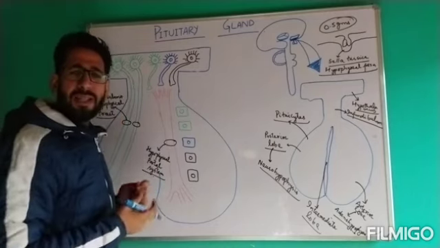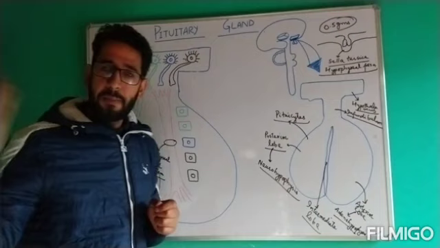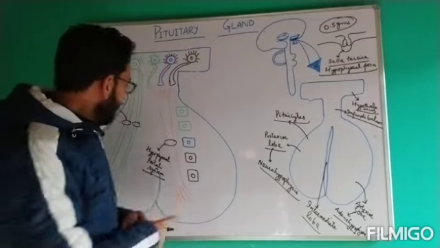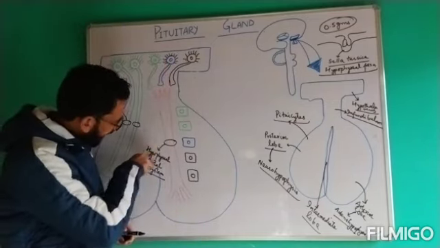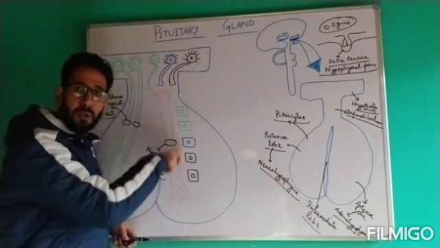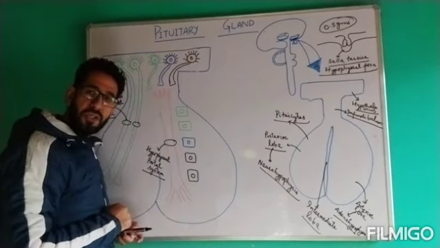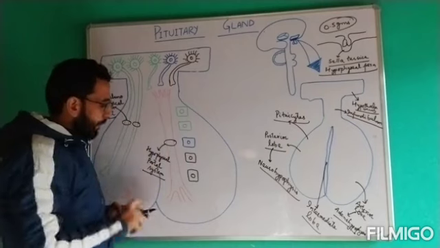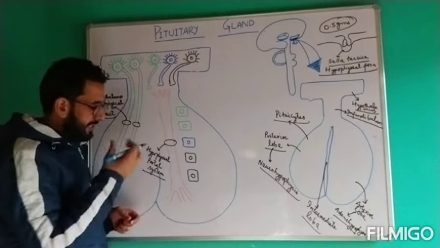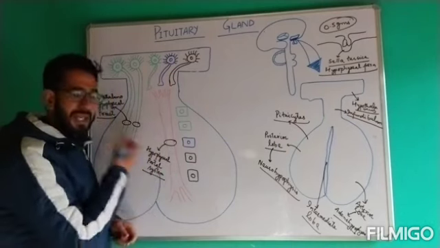Okay, there is one more example of a portal system, that is the hepatic portal system. Fine. So as this portal system is there in the pituitary gland, it is called the hypophyseal portal system. Now, this hypophyseal portal system contains three things actually.